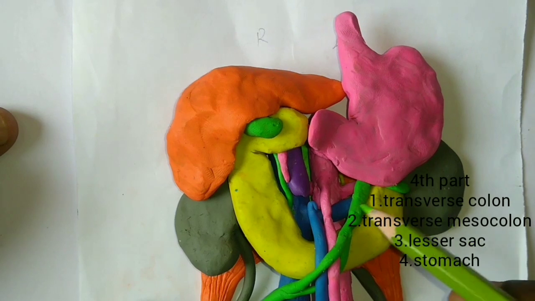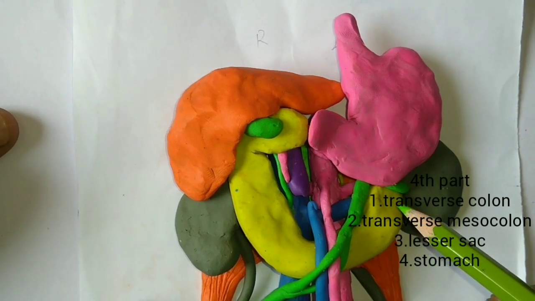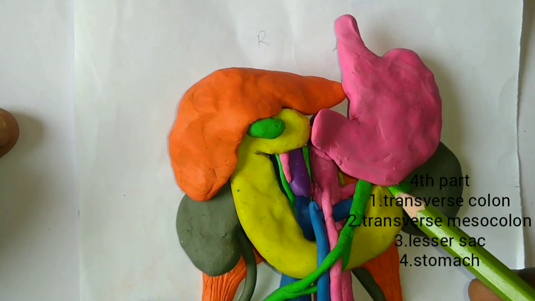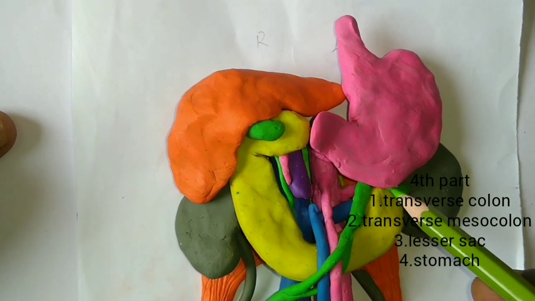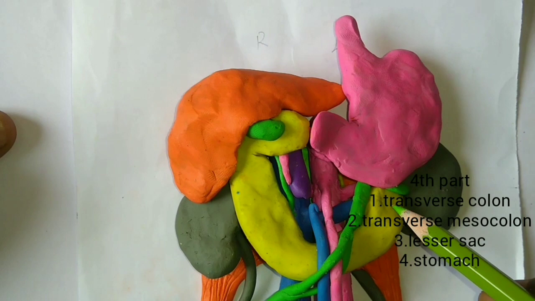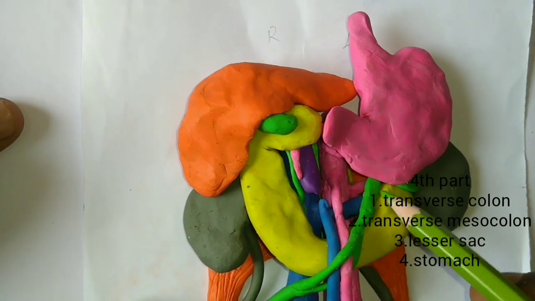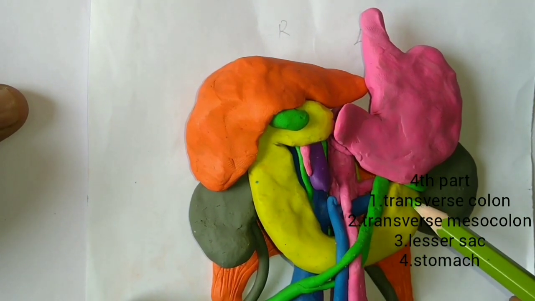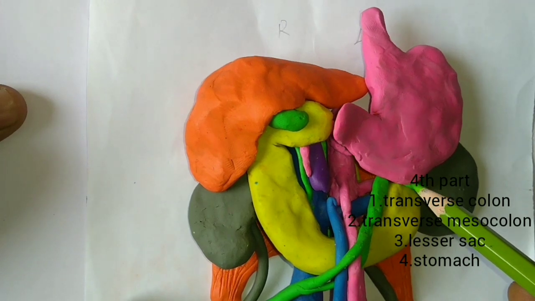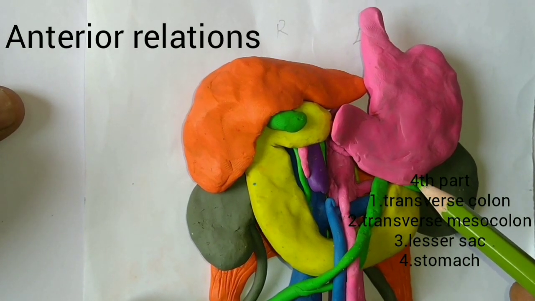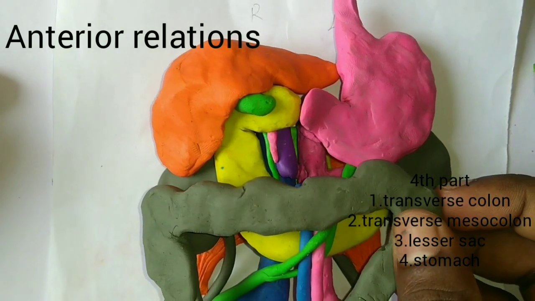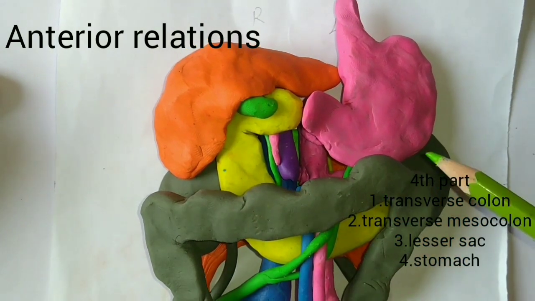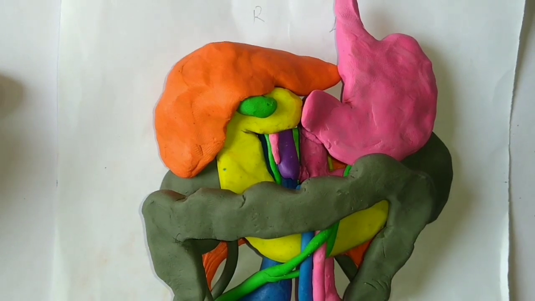Anteriorly stomach, transverse colon and transverse mesocolon. Okay, and behind the stomach we have the lesser sac. So that is also related anteriorly. So the fourth part is related anteriorly to stomach, the transverse colon and the transverse mesocolon and also the lesser sac which is lying behind the stomach.